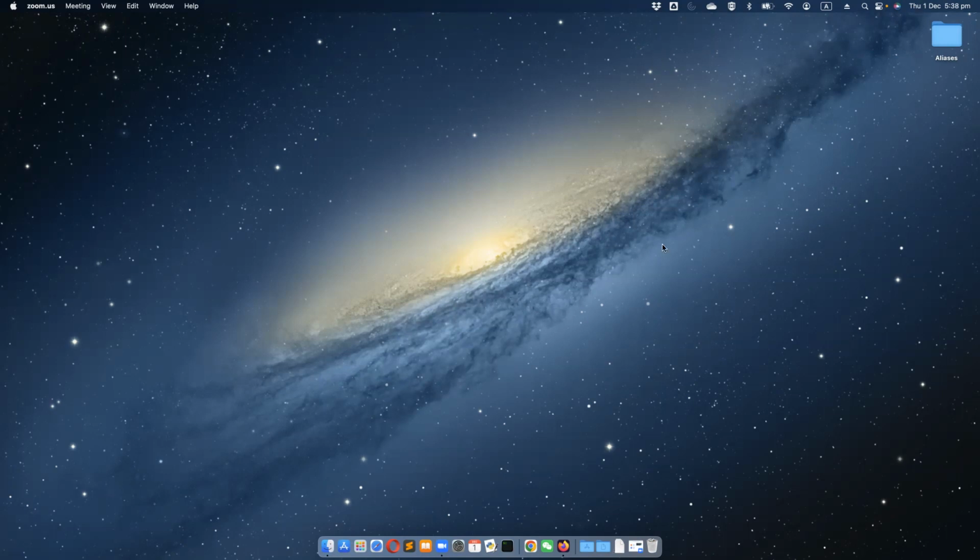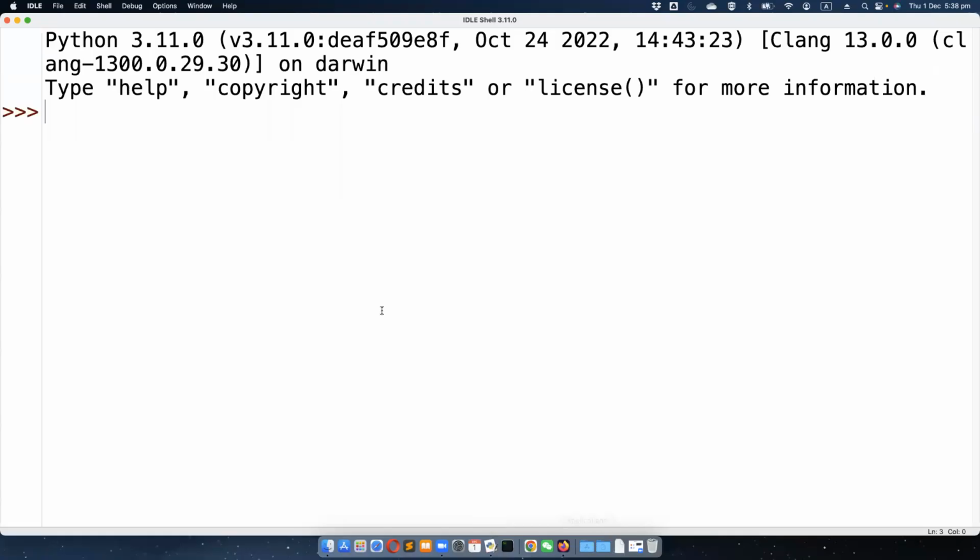Okay, let's fire up IDLE, which will start the interactive Python shell by default. Here, I declare a variable a and initialize it to 20, and another variable b and initialize it to 7.